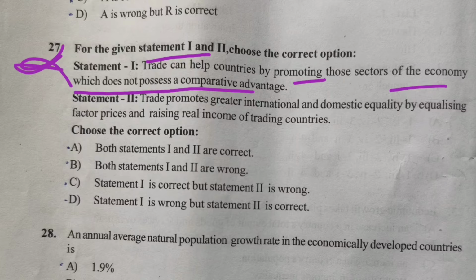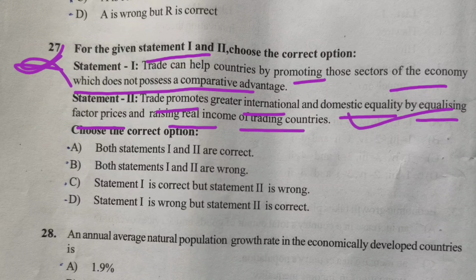So statement 1 is incorrect. Now what is the reason? Trade promotes greater international and domestic equality by equalizing factor prices and raising real income. That is correct. Statement 1 is wrong and statement 2 is correct. Yes, D option should be correct here.